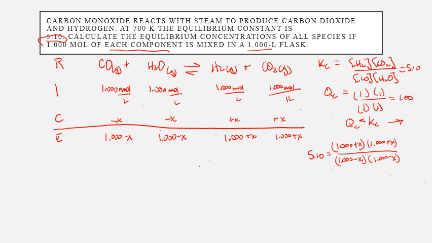So I can combine these and just make it a little bit easier and say that I have (1.000 plus x) concentration squared divided by (1.000 minus x) concentration squared. And because I have squared in both the numerator and the denominator, it will be very easy for us. I'm going to rewrite this over here so we have plenty of space.